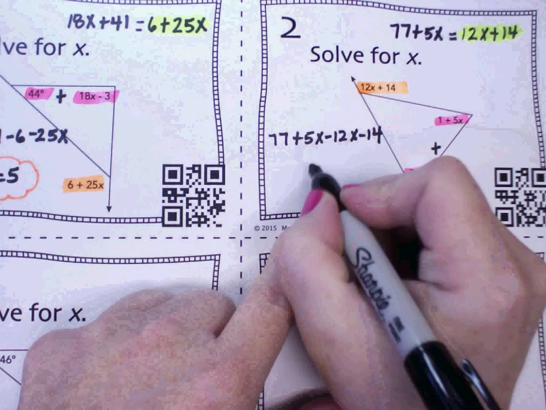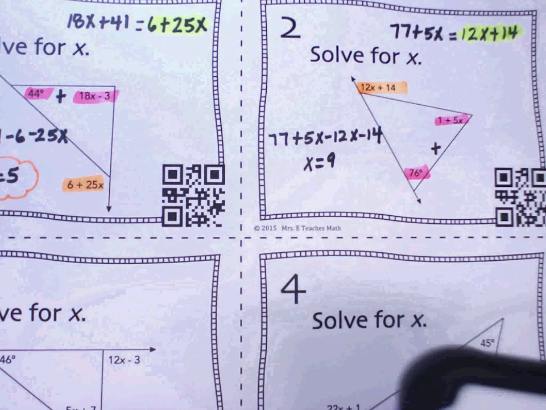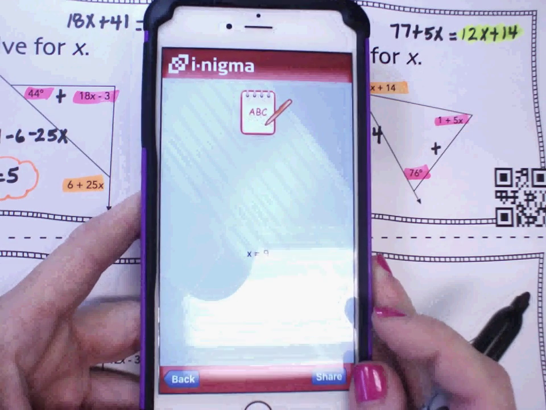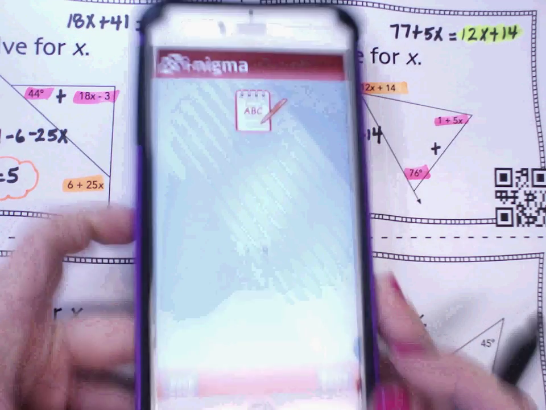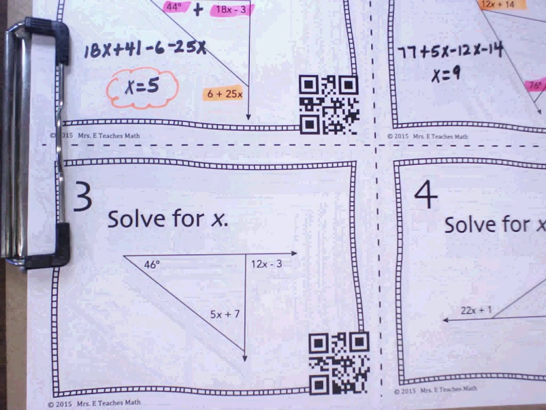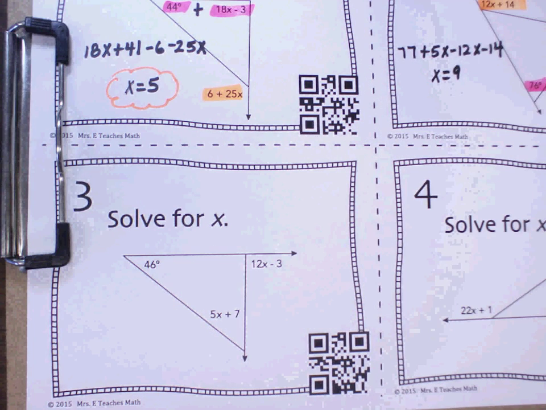Enter alpha, enter, right? 9. X equals 9. Let's scan. Yep, and x equals 9.